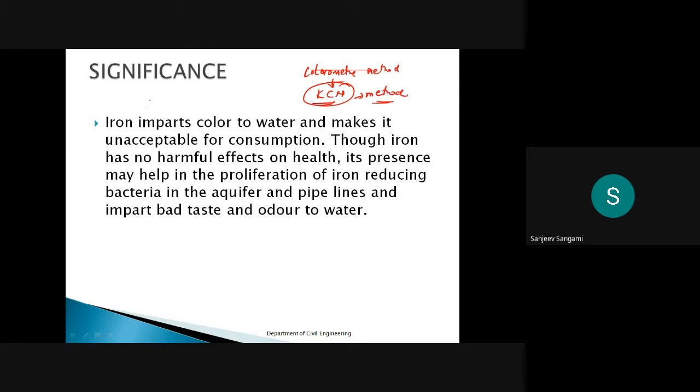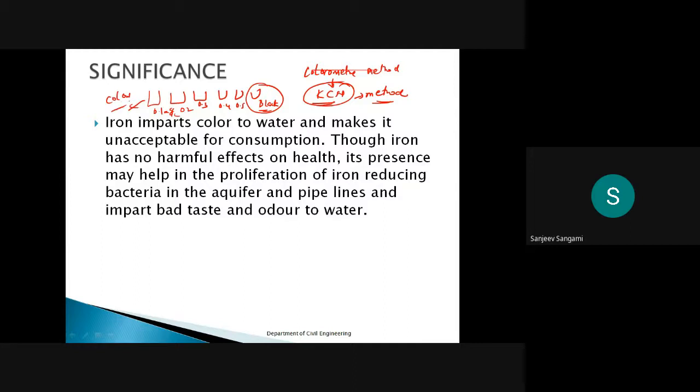A series of vials, Nessler's tubes, we will take, six of them, and we will add 0.1 milligram per liter, 0.2, 0.3, 0.4, 0.5, and one is a blank. Blank means distilled water; you are not adding anything. So we add standard iron solutions and develop the color.